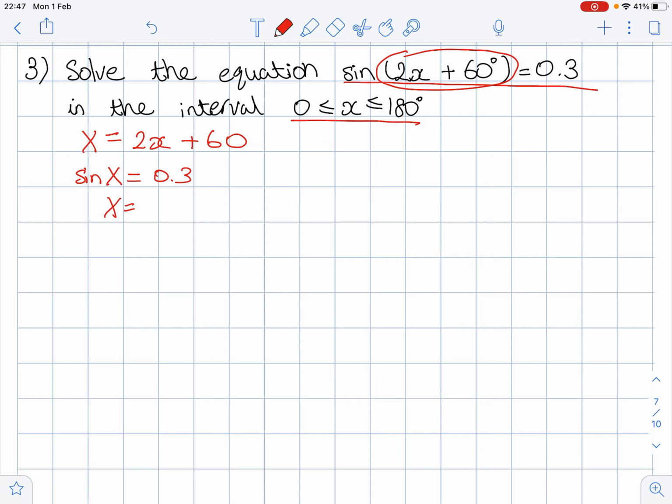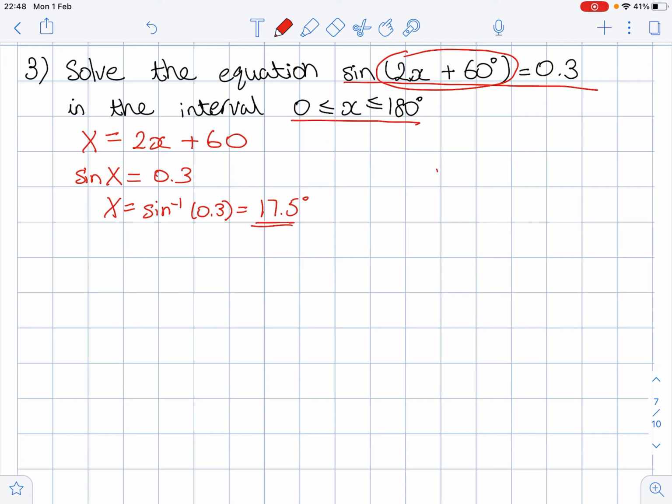So X equals 17.5. So I know one of my principal values is 17.5.